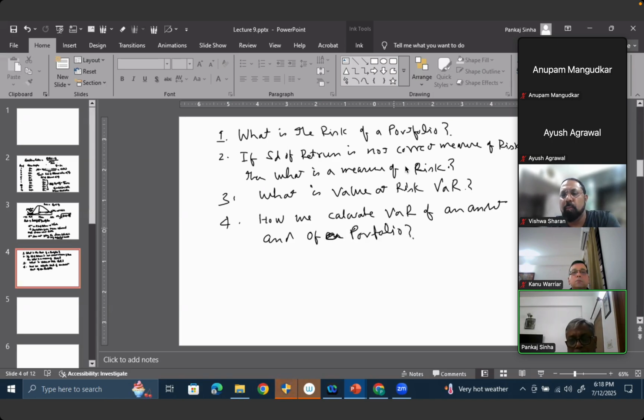If this is correct, what is the value at risk? How do we calculate it? Then what is expected shortfall?